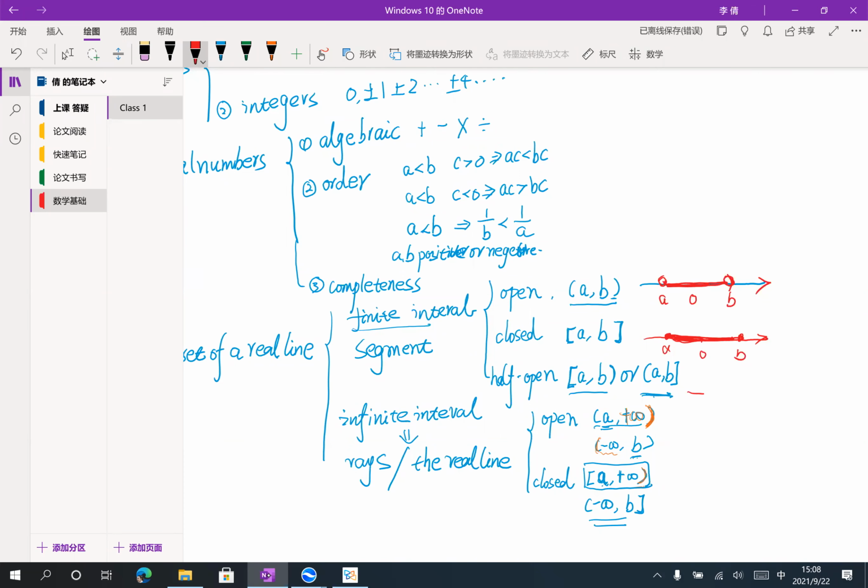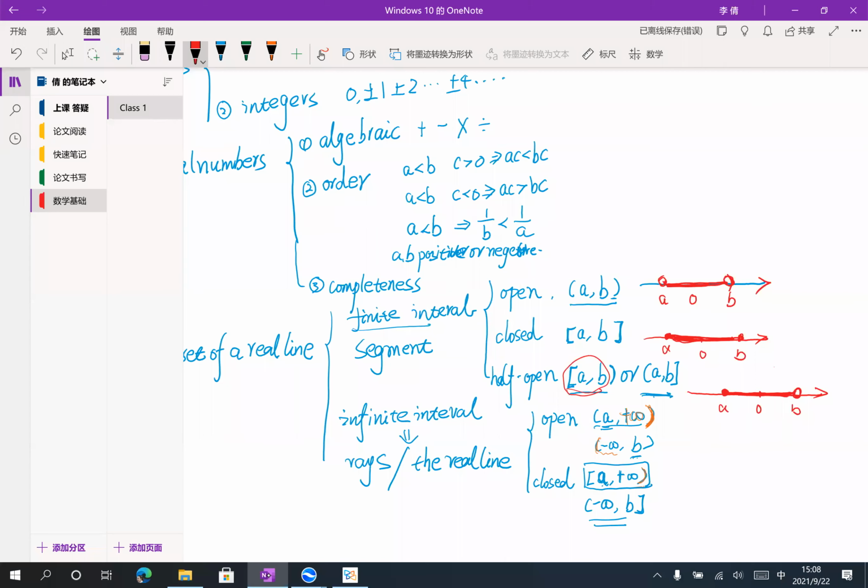Let's say a half-open interval, from A to B. In this interval it contains A, so we draw a solid circle on A, and B is not contained in this interval, so we draw an open circle on B, and all the numbers between are in this interval, so we draw a line between them.